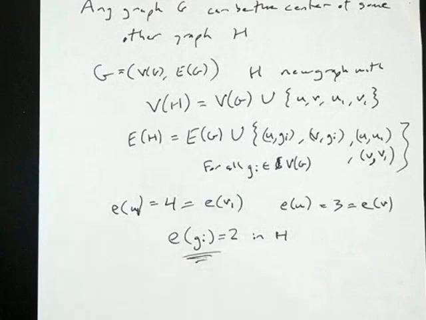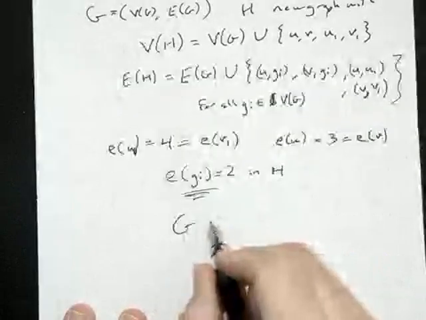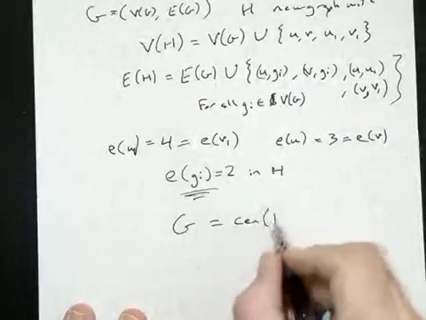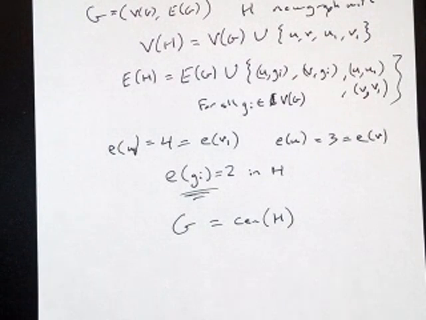These are all vertices from the original graph G. G is the center of my graph H. Whew.